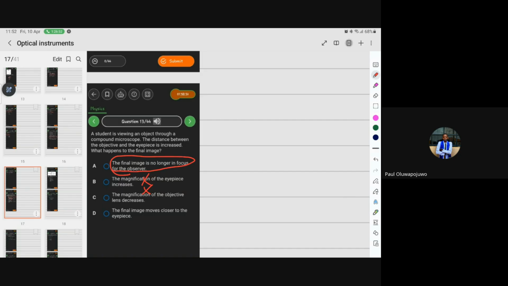So they have the same. Let me read it. The objective lens has a very small focal length and small aperture, whereas the eyepiece has a relatively large focal length.